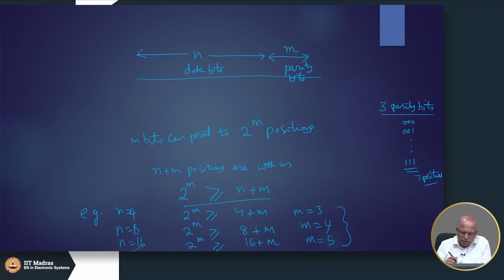We write down the positions 1, 2, 3 up to n plus m, and we decide where the parity bits are. The parity bits will be in positions like 2 to the power 0, 2 to the power 1, etc. So, these are the parity bits, and the data bits will be in the remaining positions.